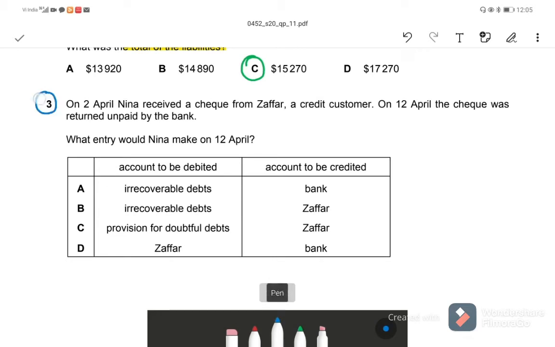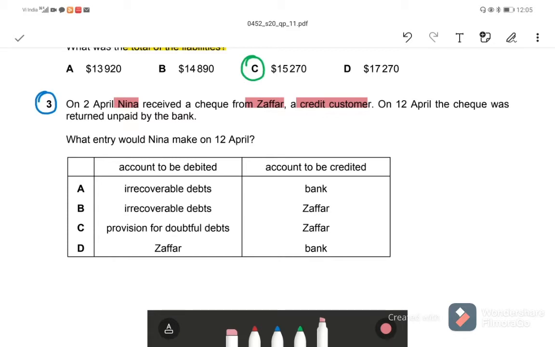3. On 2nd April, Nina received a check from Zafar. Nina is receiving check from Zafar, a credit customer. So Nina is the supplier, Zafar is the customer.